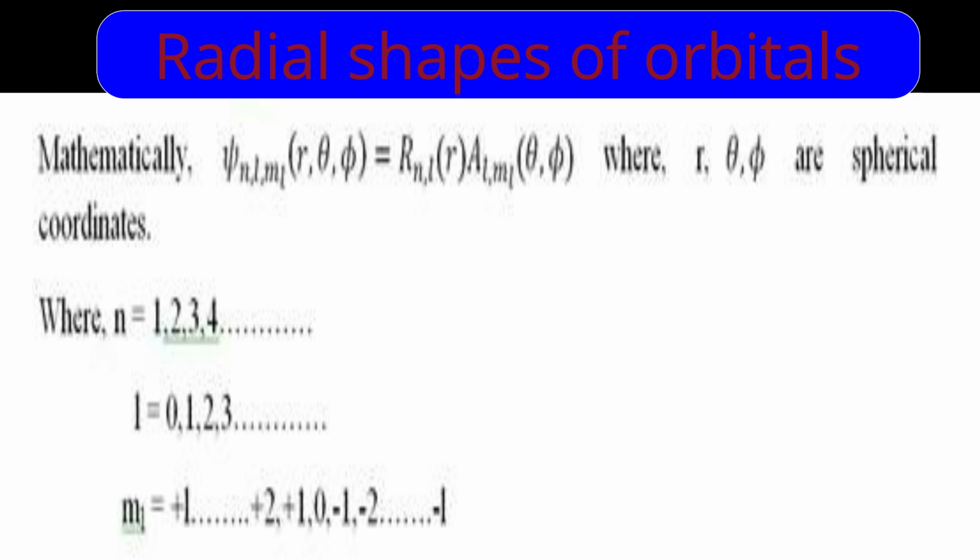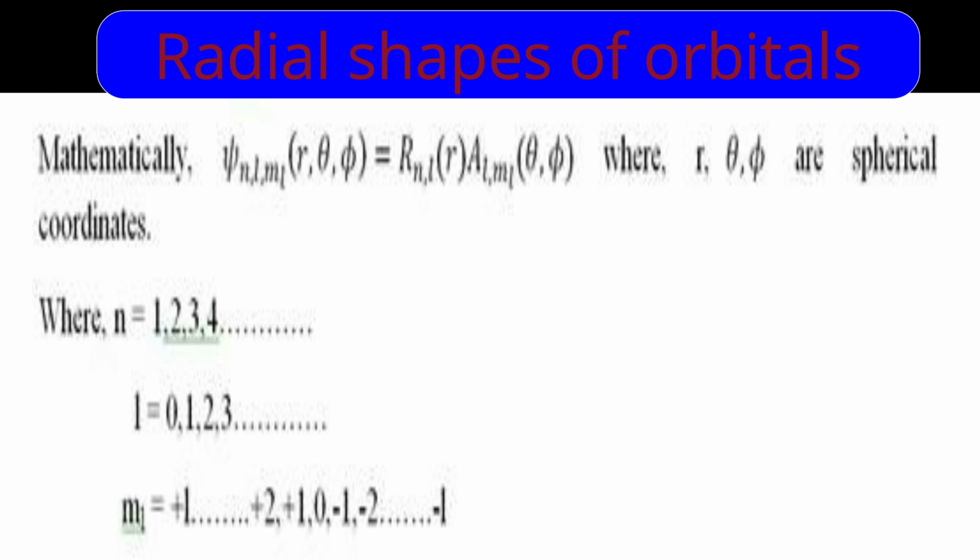Which solutions? It gives triplet values. First, n, the principal quantum number. Second, l, the azimuthal quantum number. And third, ml, the magnetic quantum number. These variables are quantum numbers, and they give an idea about orbitals.